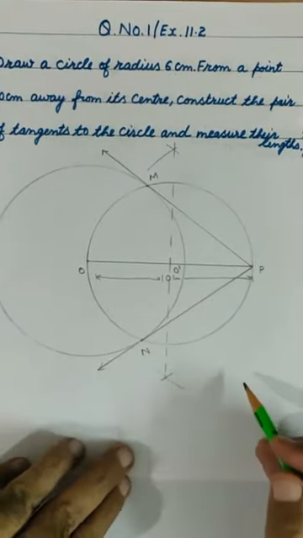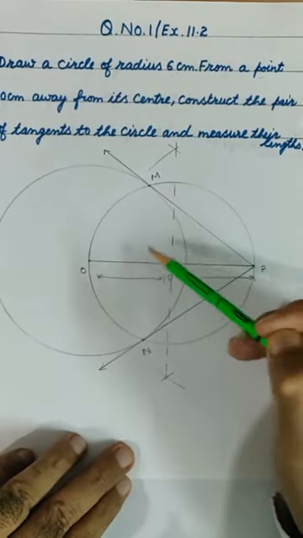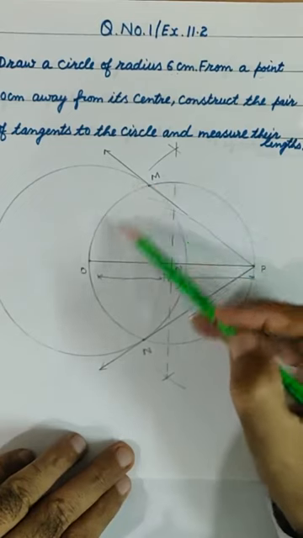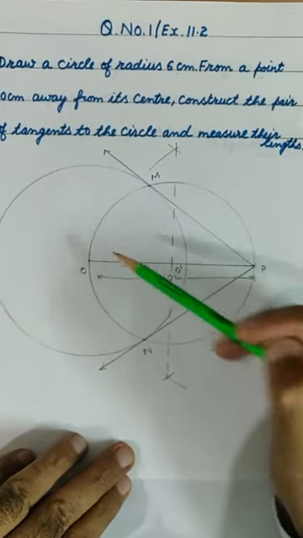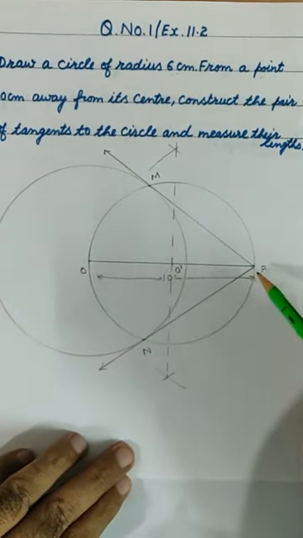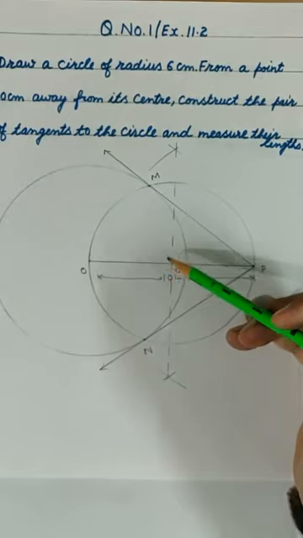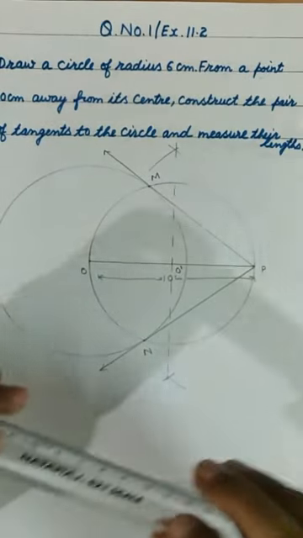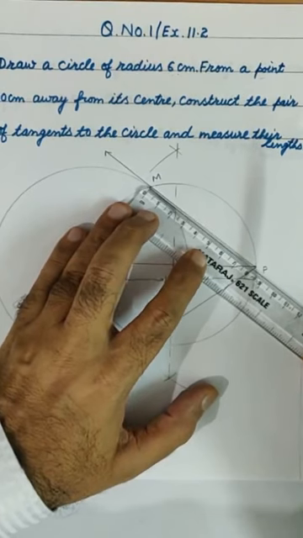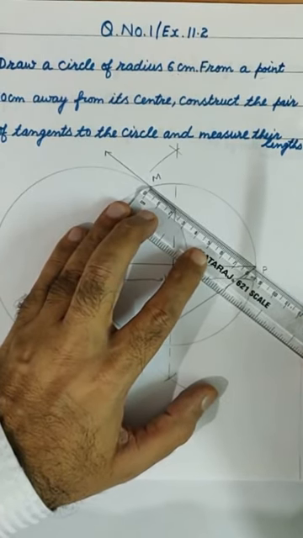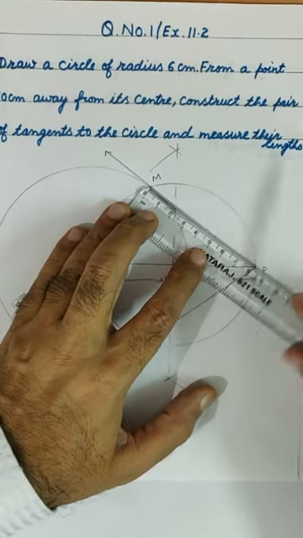Now see, if we measure, this is the circle of radius 6 centimeter. This is radius 6 centimeter, and OP is 10 centimeter, and we have to measure the length of the tangent. If you measure it from M to this point P, you will find PM is 8 centimeter.